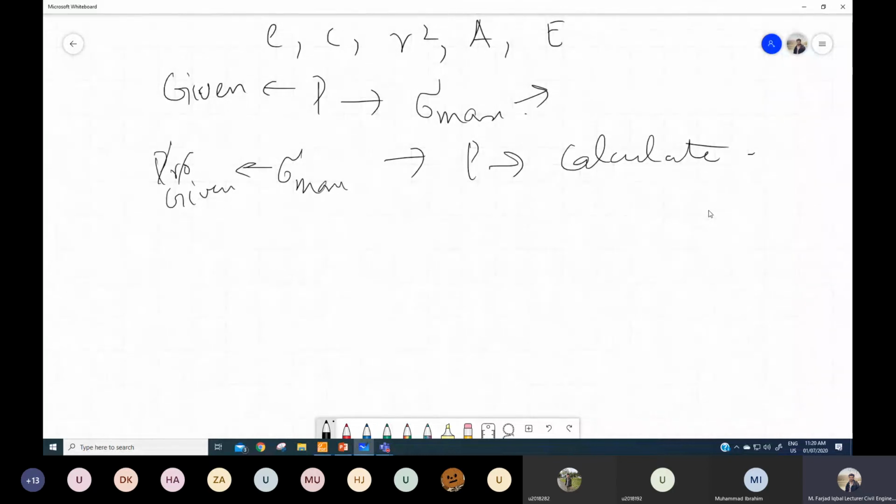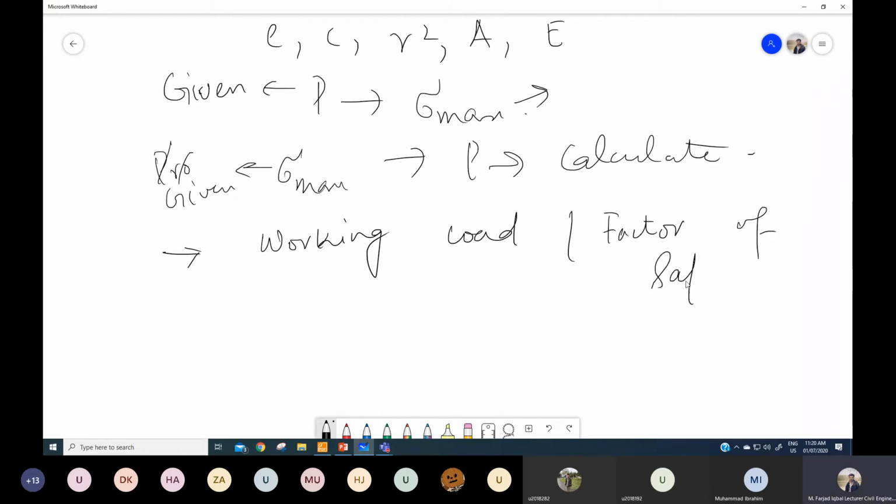Another important concept in this one is the concept of working load and factor of safety. Whenever we are designing a column, for example, let's say a company asks you to design a column and says that this column has to carry the load of 20 kilonewton.